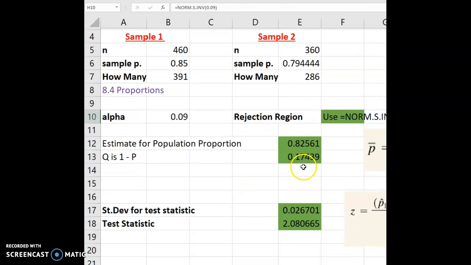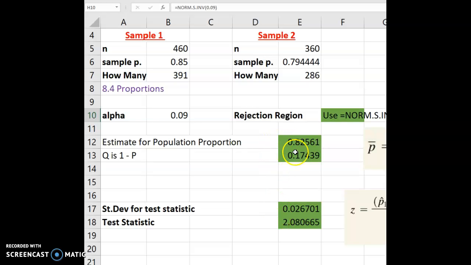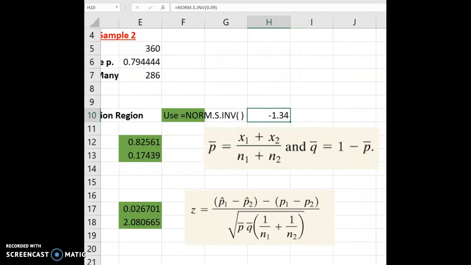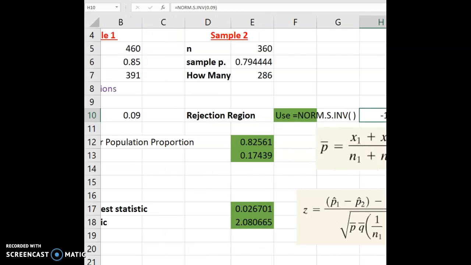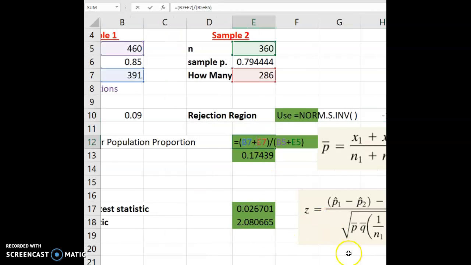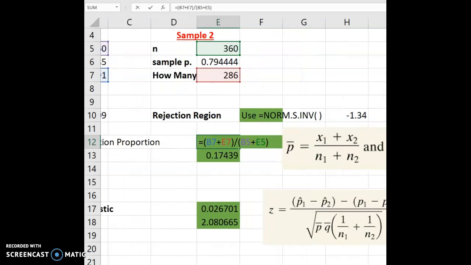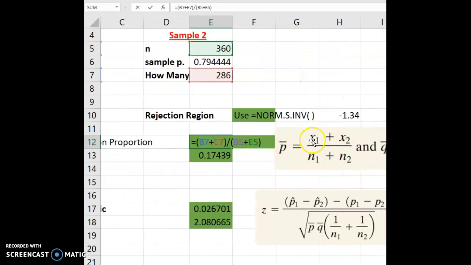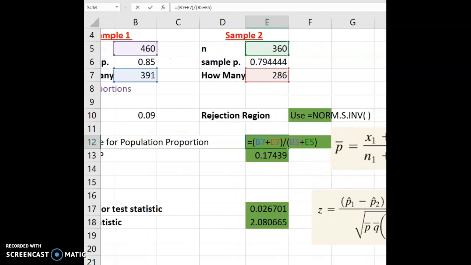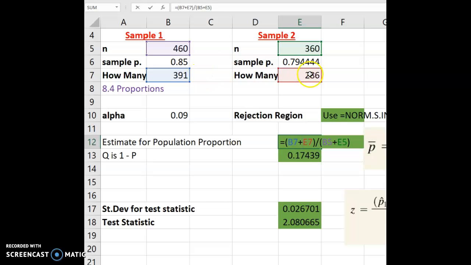And so the rest of this actually just calculates the test statistic for you. This spreadsheet does, using these formulas that are listed in the book. So this first part here is doing the estimate for the population proportion, which is right here, adding the two X values together, how many wore a seatbelt in each sample, add those together, and divide by the total number added together that were in each sample.